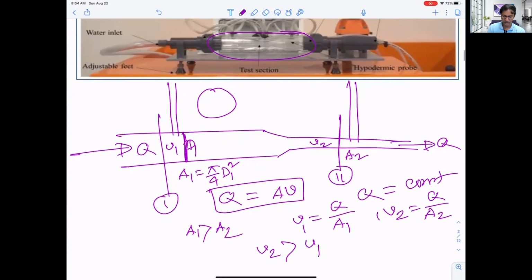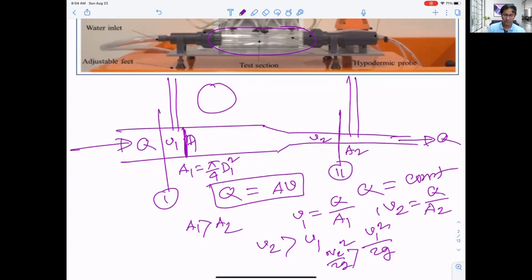If V2 is greater than V1, then V1 squared over twice G is less than V2 squared over twice G. So in order to make the equation constant, we have to consider which term will change. Z1 won't change because of the flow rate or cross-sectional area. We have P1 over gamma plus V1 squared over twice G.